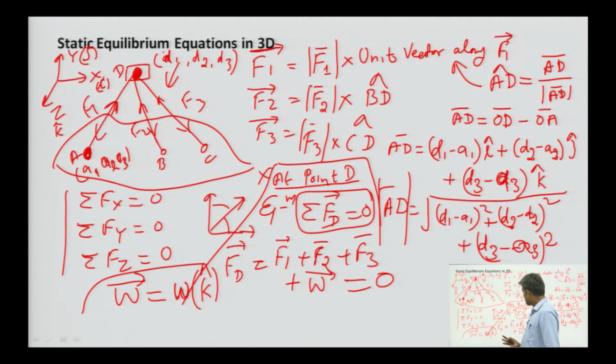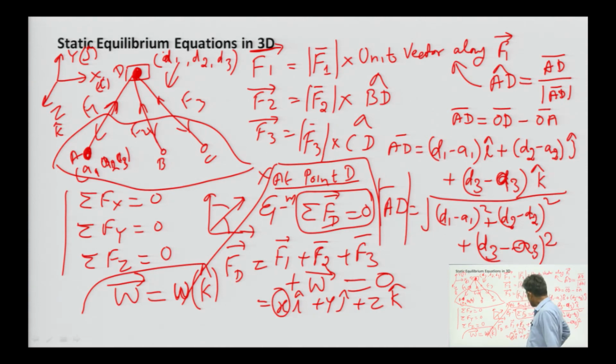And if it is 0, then it will have an x component of i plus y component of j plus z component of k, and we know that the x component will be a function of f1, f2 and f3; the y component and z component, all three, will be components of f1, f2 and f3.